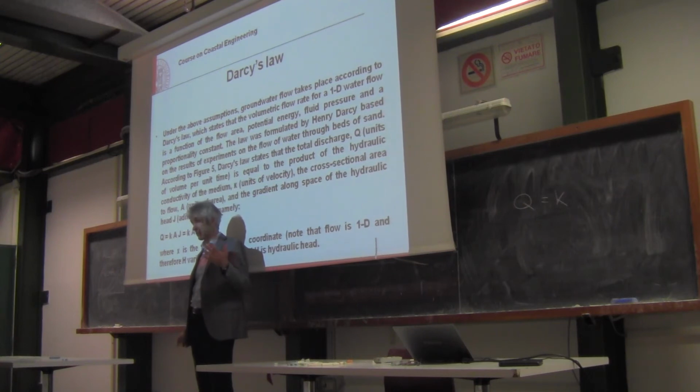So the flow is equal to the product of the area of the aquifer times the gradient of the energy times a constant.